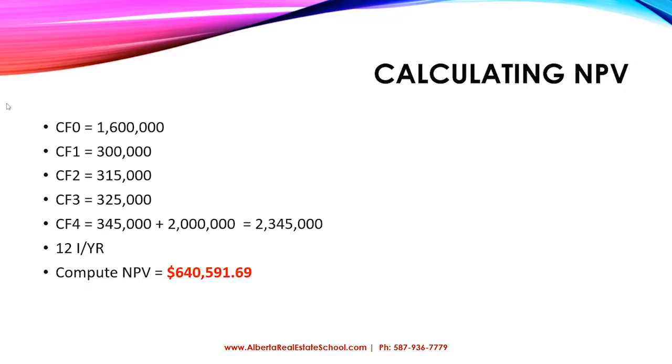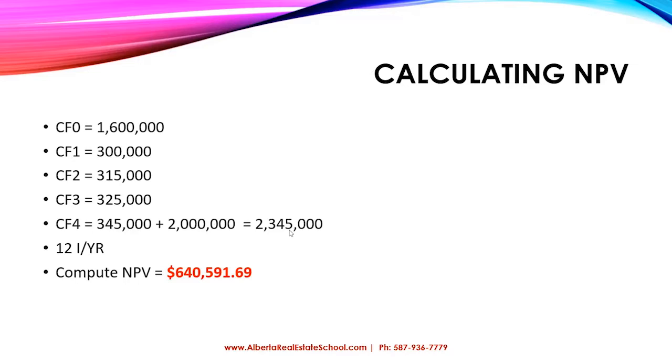So the initial investment is 1.6 million. In the first year, we get $300,000 in net operating income, then 315, 325. And in the fourth year, we have to account for the income that is coming plus the money that we receive from selling the building. So in this case, it would be $345,000 plus $2 million.